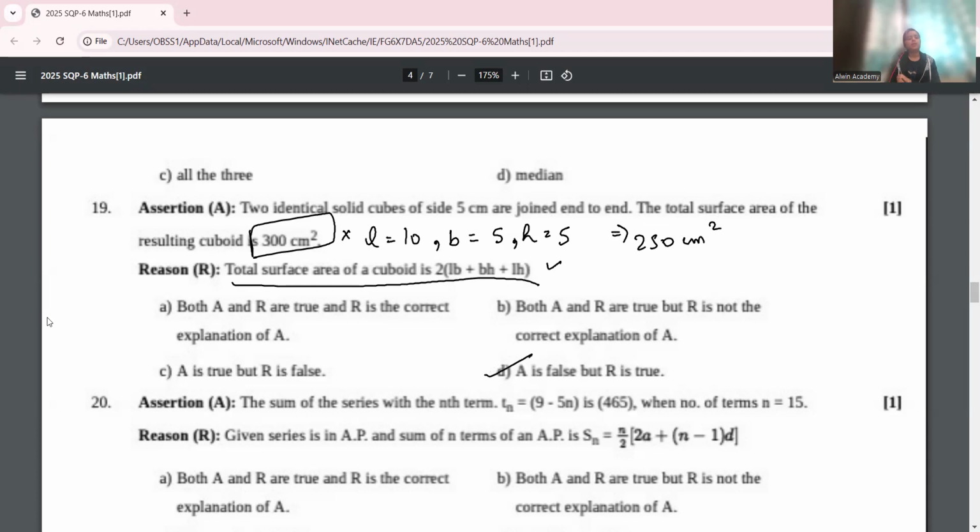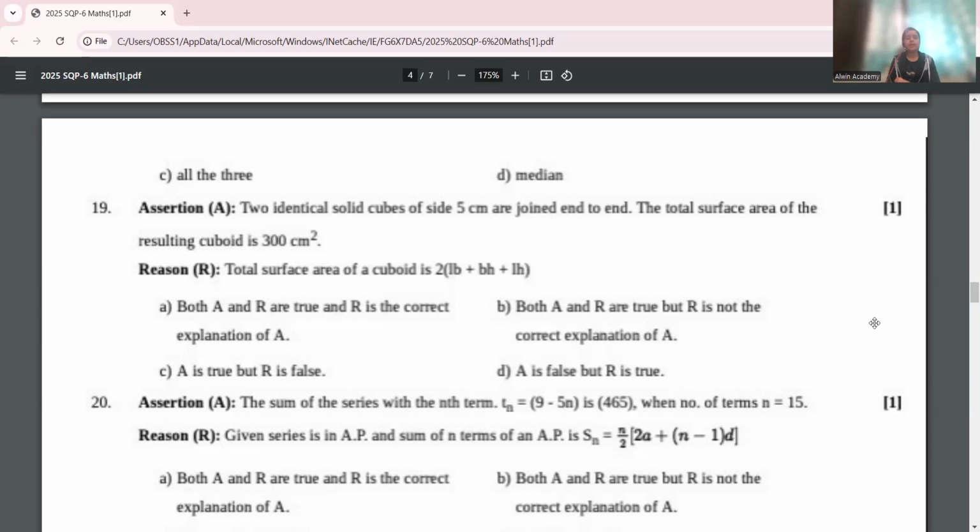Going to the next question, the sum of the series with the nth term, this is. Now, nth term is given by this particular formula. If I put in the value of n as 1 here, I get 9 minus 5 times 1, that is 4. If I put in the value of n as 2, I get 9 minus 5 times 2, that is minus 1.